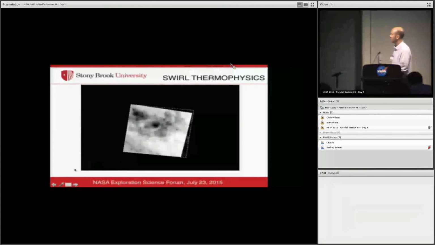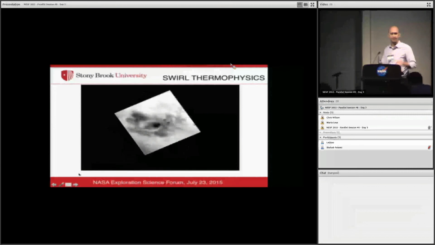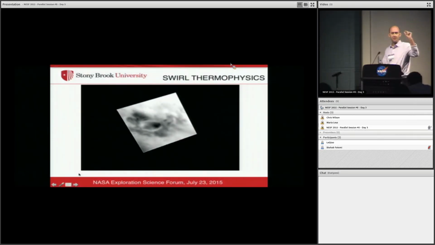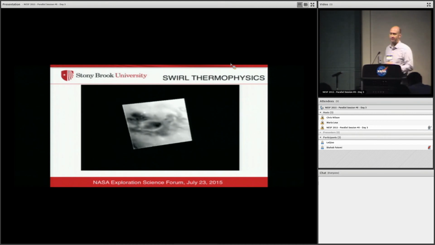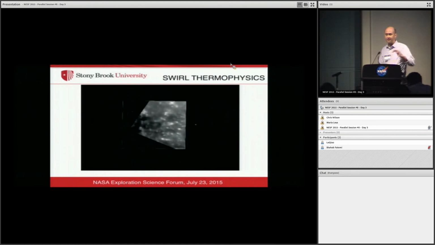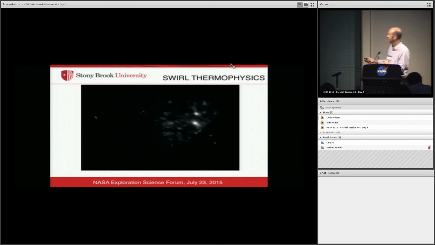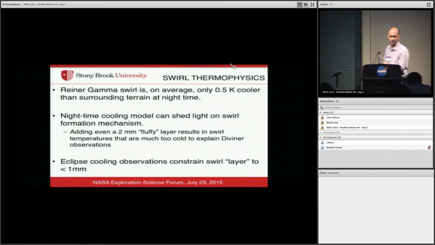Eclipse observations are incredibly important because they really get to the thermophysical properties of the epiregolith, the top millimeters of the surface. And during the eclipse, if we saw a dust layer or a fine layer at the surface, we'd expect to see a thermophysical or temperature anomaly related to the swirl.